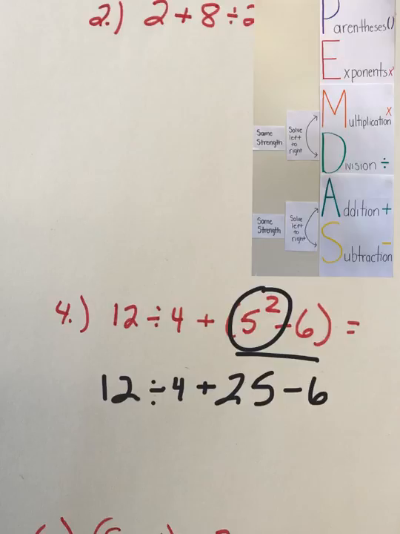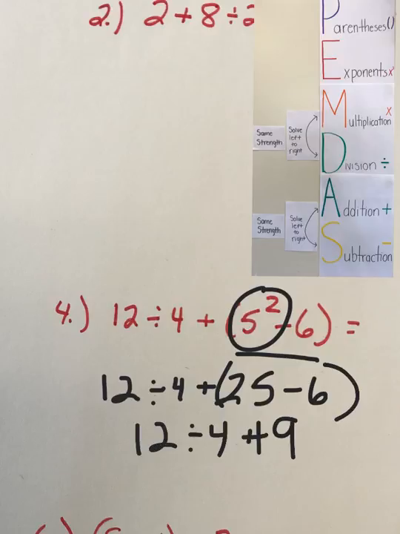And then I look from left to right. This is in parentheses, so I need to work that one out. So 25 minus 6 is 19. So I'll rewrite 12 divided by 4 plus 19. 12 divided by 4, I have to do multiplication and division left to right. That becomes 3. And 3 plus 19 is 22.